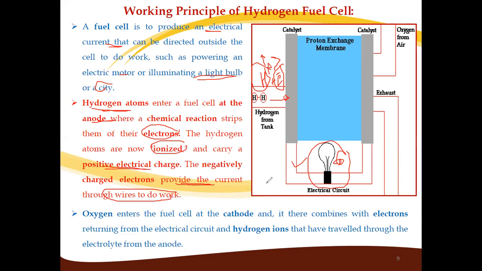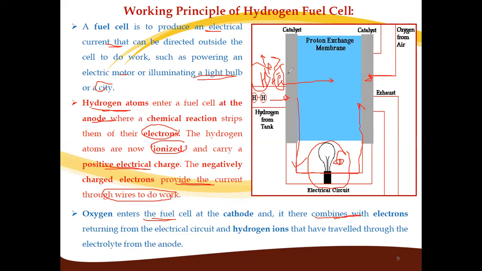Now another, the oxygen enters the fuel cell at the cathode. So oxygen from air enters this cathode part, and it combines with the electrons returning from the electric circuit. The electron travels through this electric circuit and returns, and it is then combined with this oxygen, which completes the electric circuit.